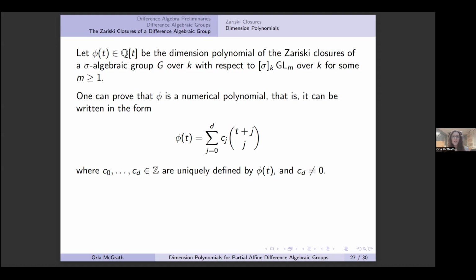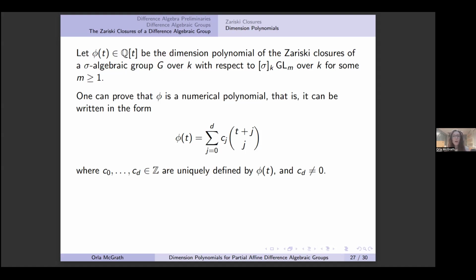So while phi(t) is a polynomial over the rationals, and the coefficients could be rational, we can write it in this nice way where we get these c_j, which are actually going to be integers, not rational numbers. We know that d is less than or equal to n. We know that the degree of this polynomial is less than or equal to the number of endomorphisms.